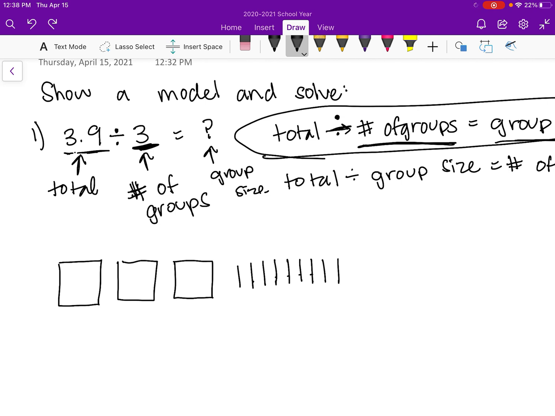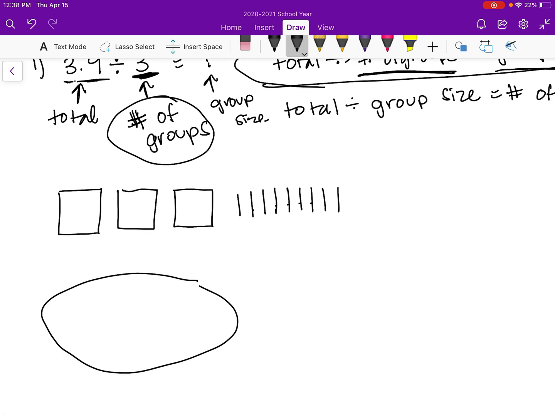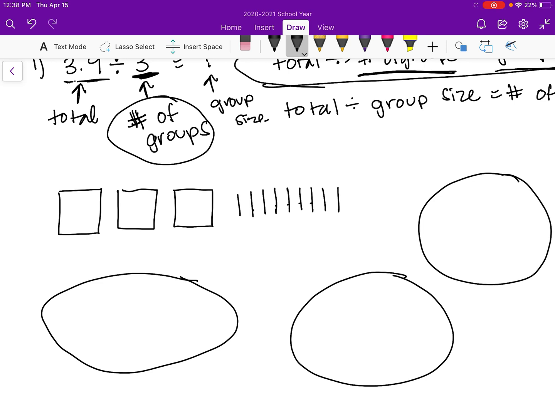And I'm trying to divide it into 3 groups. So since I have my number of groups, I'm going to draw circles, or I could do squares representing those groups where I can move all of this into individual groups. Now, I'm going to start with the biggest.